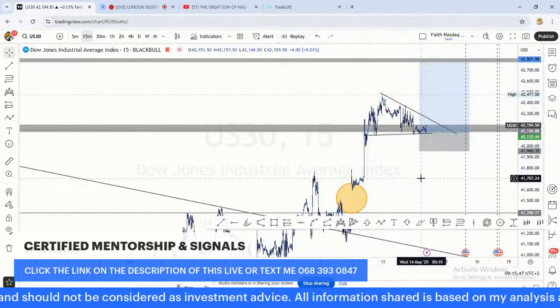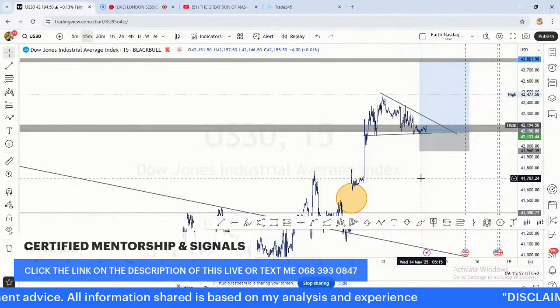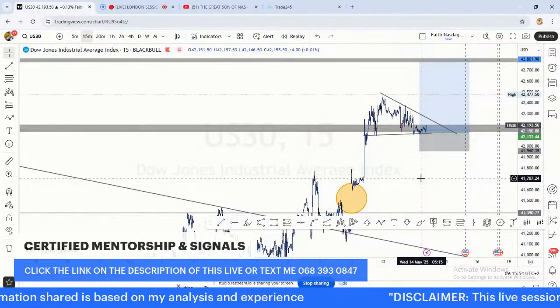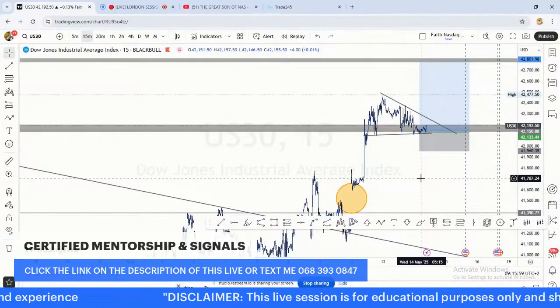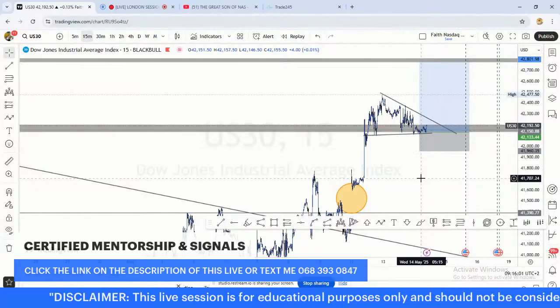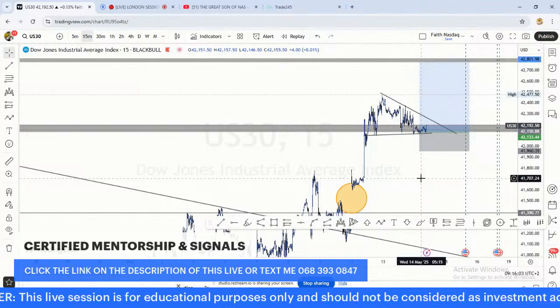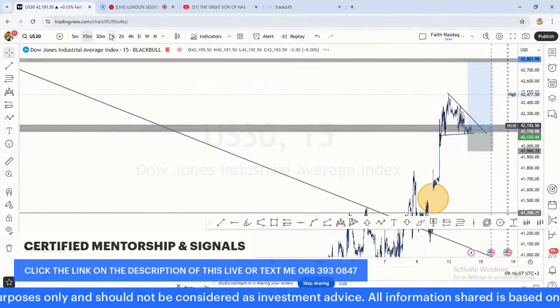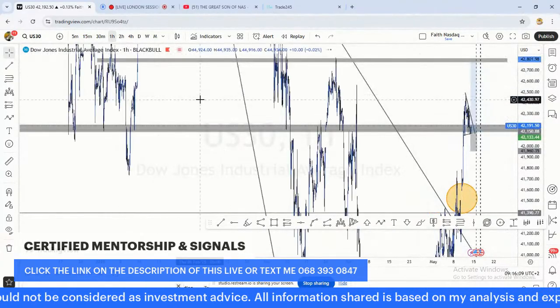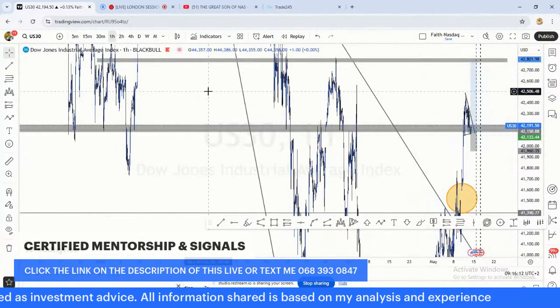So this is how it works. Yeah. So USDT for now, I'm just gonna go with the buys, pushing the market to the top. You understand? So yeah.